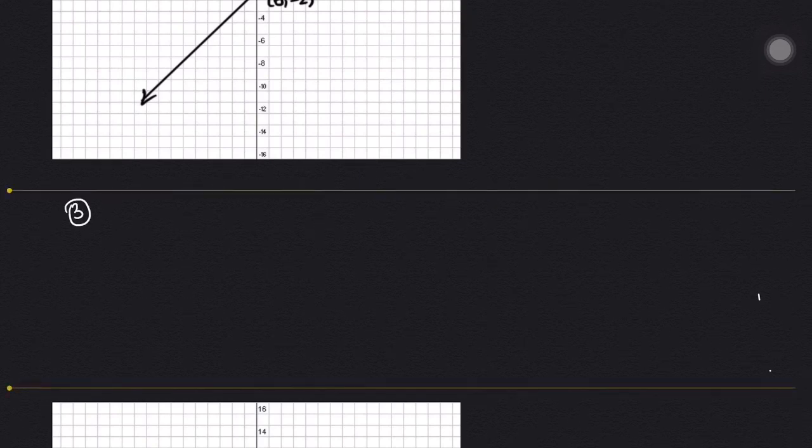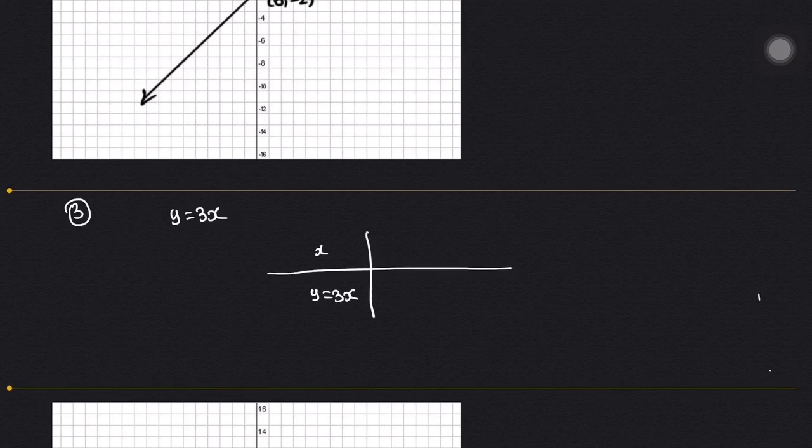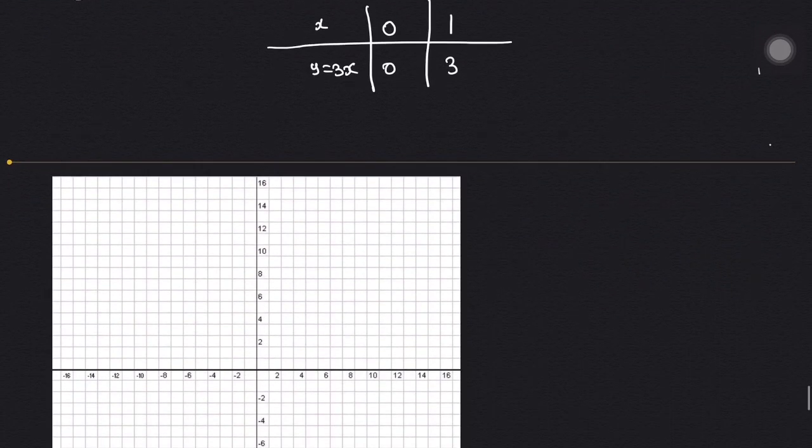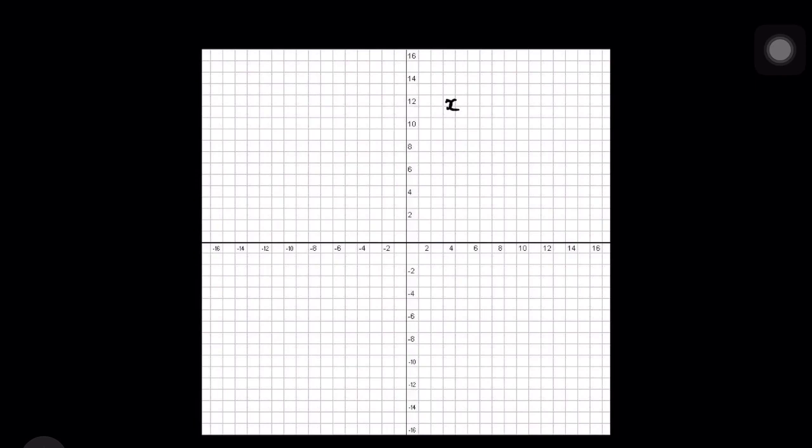Then question number 3. So y is equal to 3x. It's very simple. So I fix the x and y is equal to 3x. I substitute the value of x is equal to 0, the y is also 0. Then the value of x is equal to 1, y is equal to 3 times 1, so the value of y is equal to 3. So these are two points. The first one is x is 0 means y is also 0, and x is 1 means y is equal to 3.